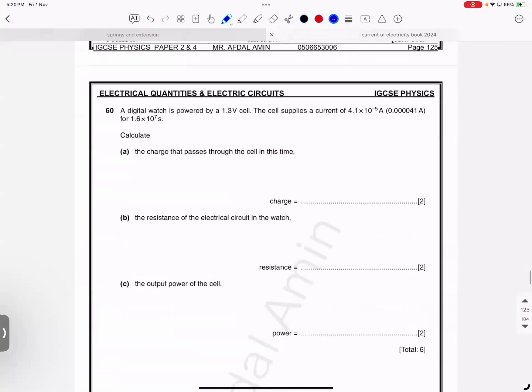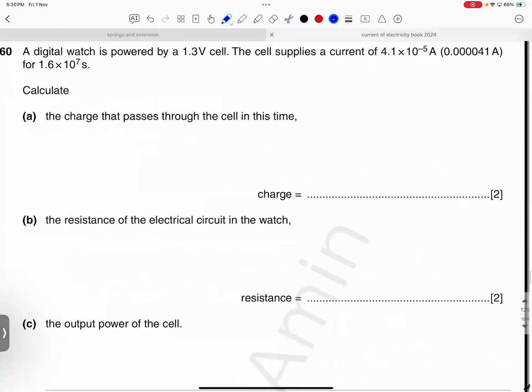Next question. Our digital watch is powered by 1.3 volt cell. The cell supply, okay, so voltage you have, the current in amperes you have, time T you have, 1.6 into 10 power 7. Find the charge. Charge symbol is Q. Q is equal to IT.